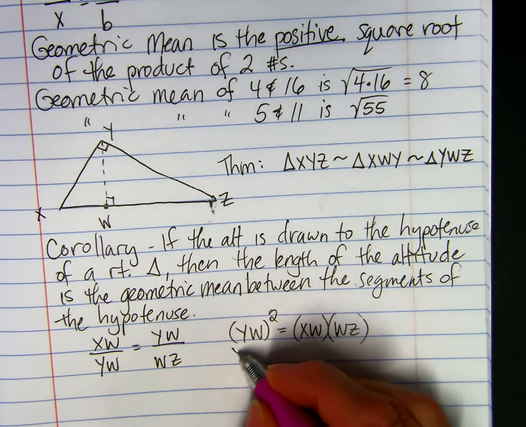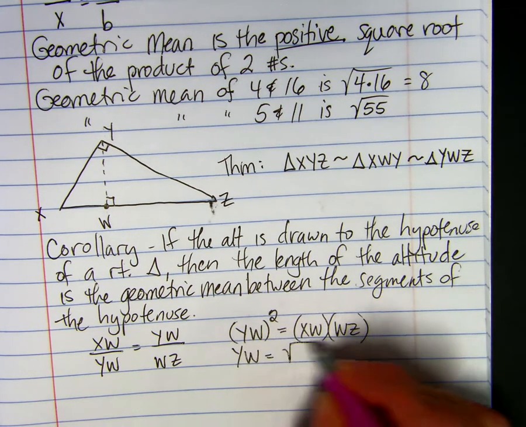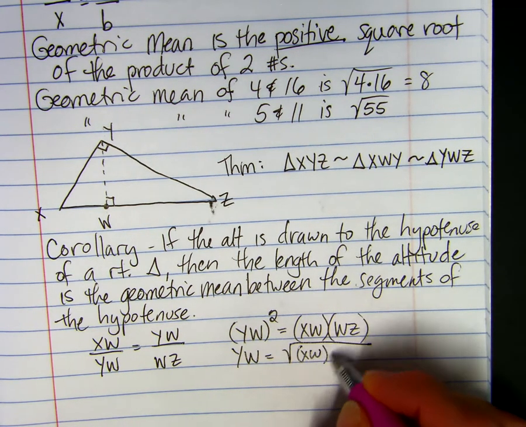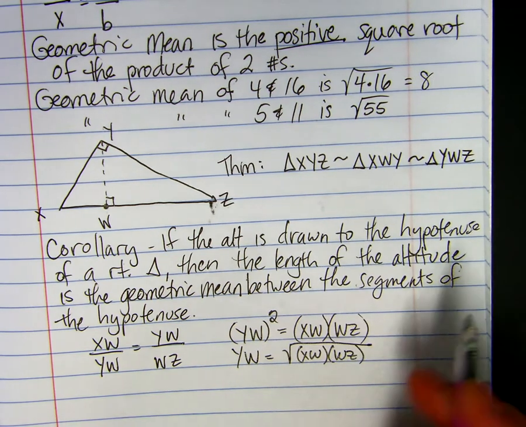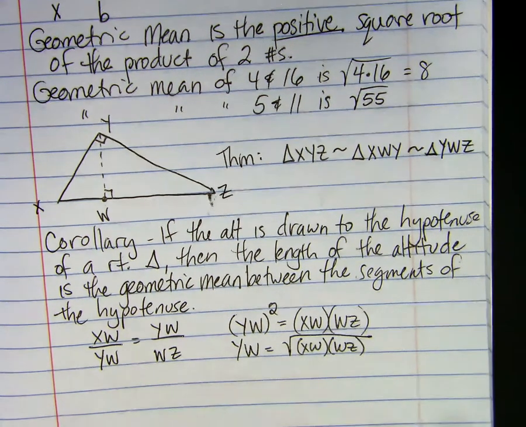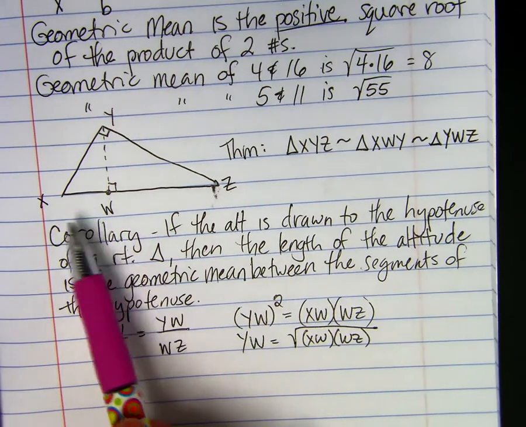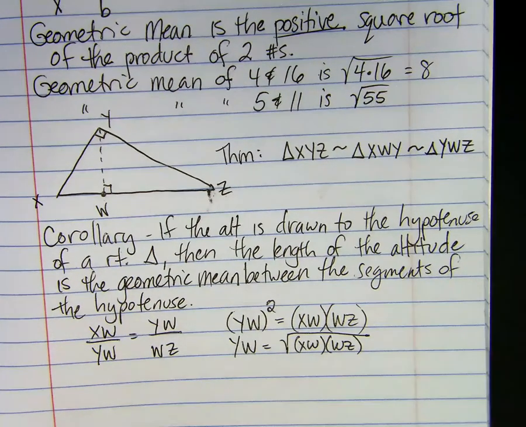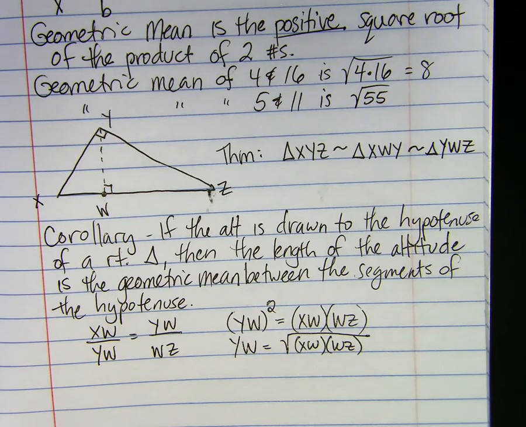And so YW will be the square root of those two multiplied together, which is called the geometric mean. And since these two are the lengths of the two segments of the hypotenuse, then the altitude is the geometric mean of those two segments.